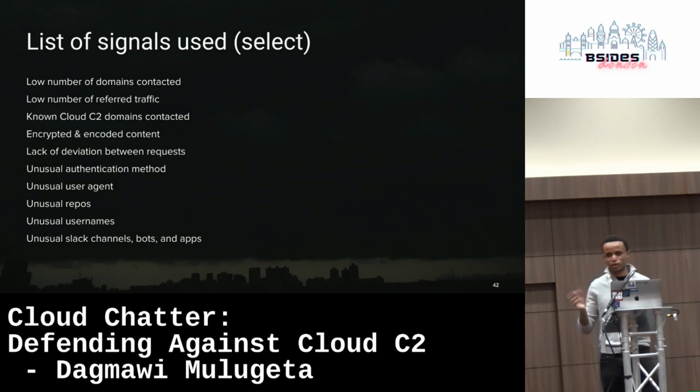Cool. So I know we just covered a bunch of these signals. For our POC that's starting at this point, we're going to use a select list of these signals to help us identify Cloud C2. And this select list is on this slide.